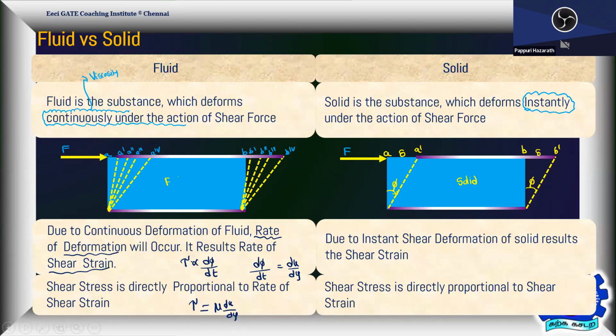That is why shear stress is directly proportional to rate of shear strain in case of fluids. But here, instant shear deformation results in instant shear strain. That's it. Shear stress is directly proportional to shear strain. Finally, we'll be getting tau equals G into phi. These equations are not important here.